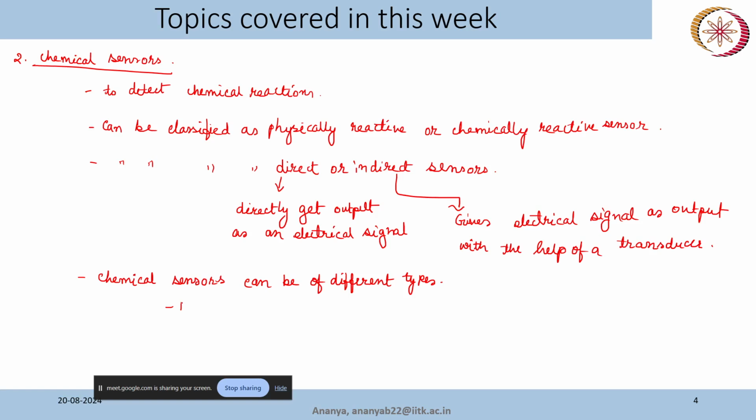One example that was discussed in the lecture videos is MOS type sensors. Now this MOS is not metal oxide semiconductor as we are familiar with in electronics courses. This MOS is metal oxide semiconductors like zinc oxide, tin oxide, those materials.